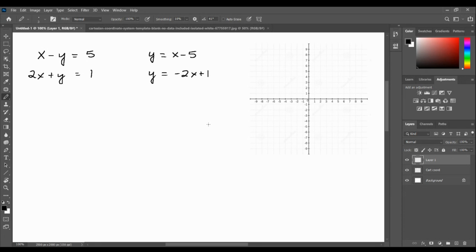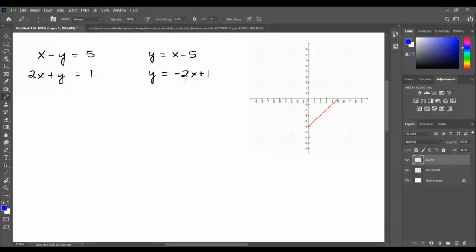So we've got those two lines there. If we were to graph those two, say this first one has a y-intercept of negative 5, a slope of 1, so up 1 over 1, or up 5 over 5, and we would get our line.